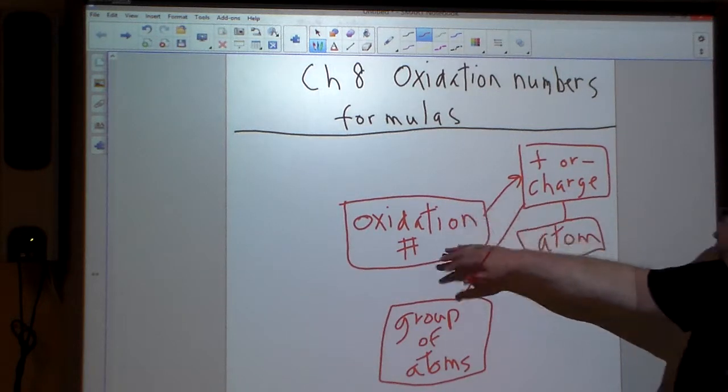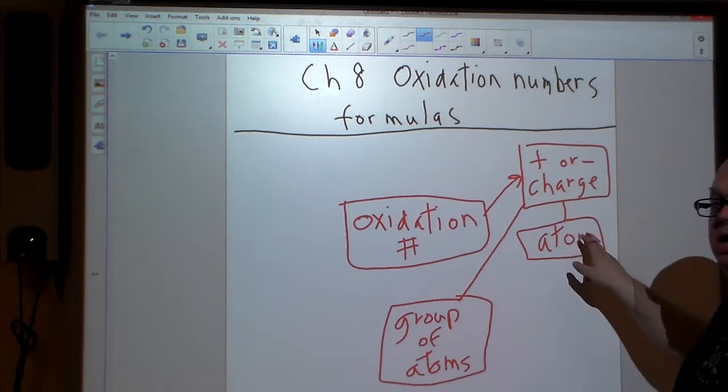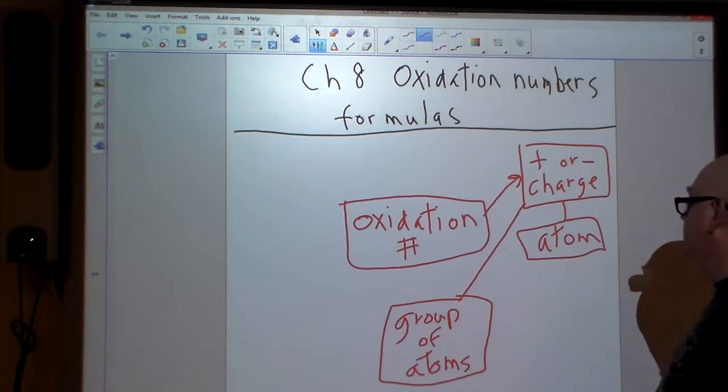So an oxidation number is a positive or negative charge. It could apply to one atom or a group of atoms.